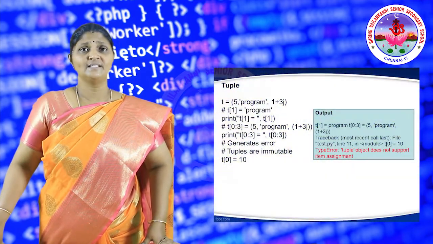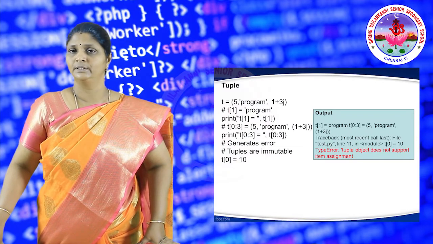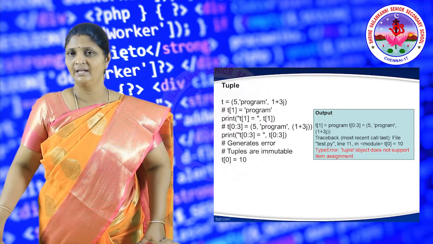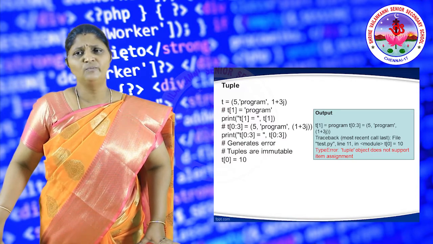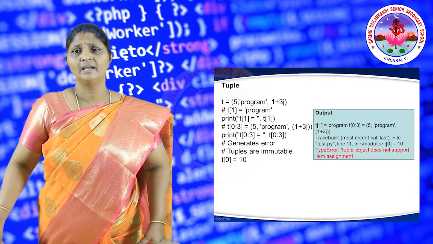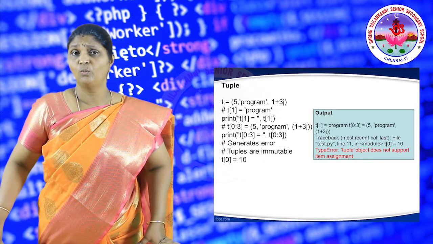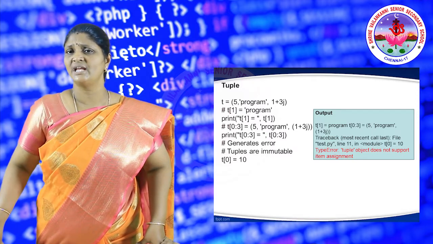Next, we are going to see a small program for tuple. T is equal to 5 comma program comma 1 plus 3j. Here we are trying to print t of 1. But will it print it? It doesn't, because tuple is immutable. Here we are trying to change the value.